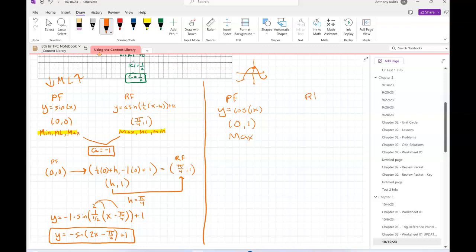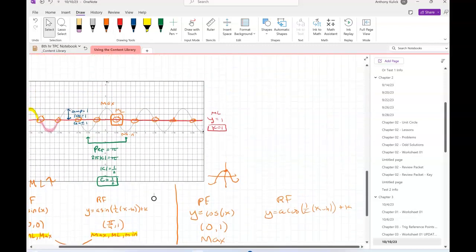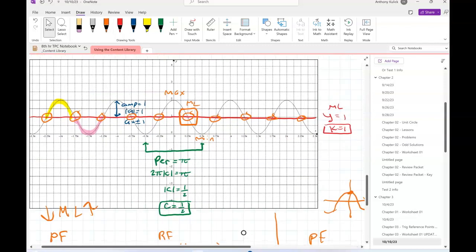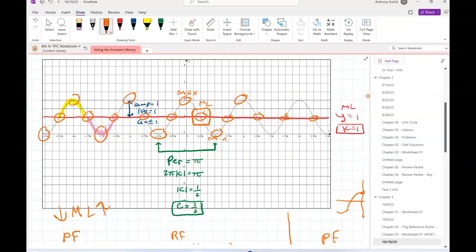Okay. Now, in our resultant function, we need to pick an extreme point to go with our maximum. So if I go up and I look, again, I have lots and lots of choices.